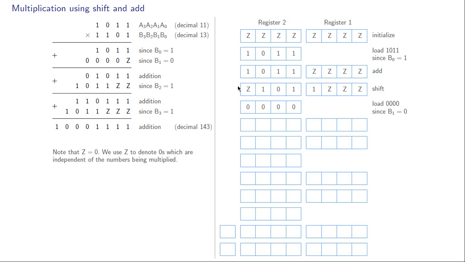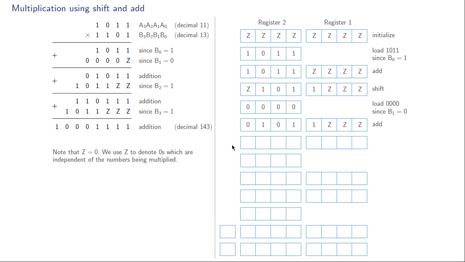And now we are going to add these two numbers. And now you see that this corresponds to adding these two numbers here. And this one is going to get added to this 0. That is anyway happening because this one is simply going to get copied over there. Alright, so that is the result of this addition.